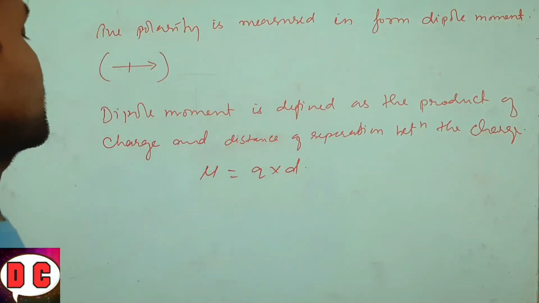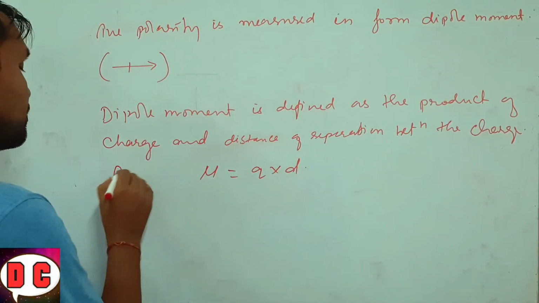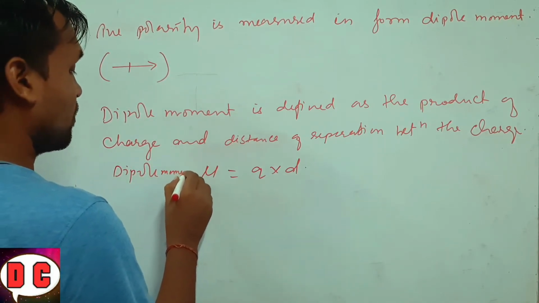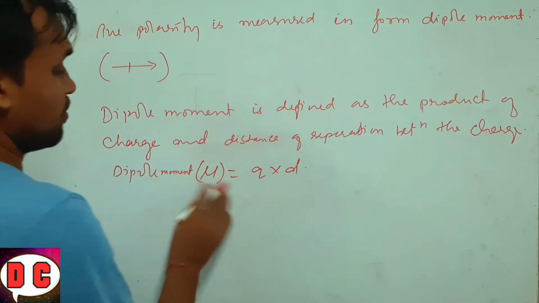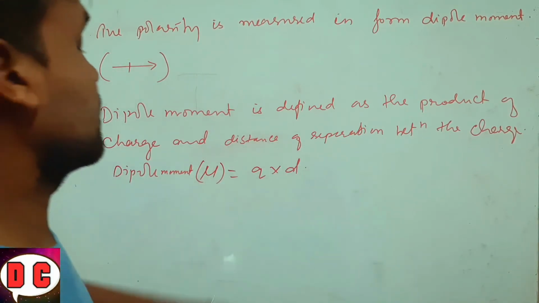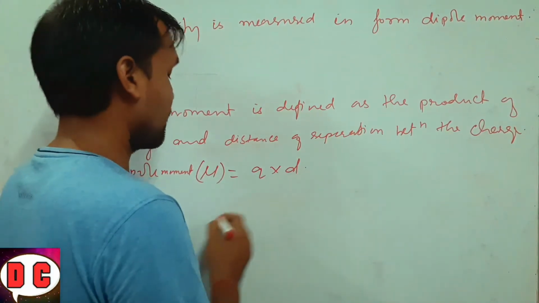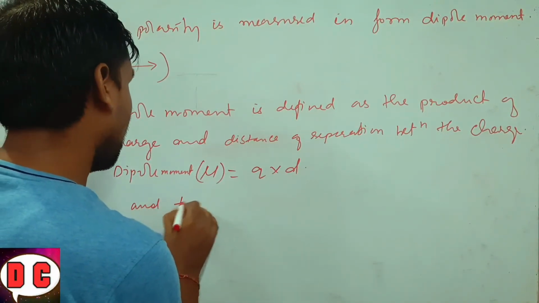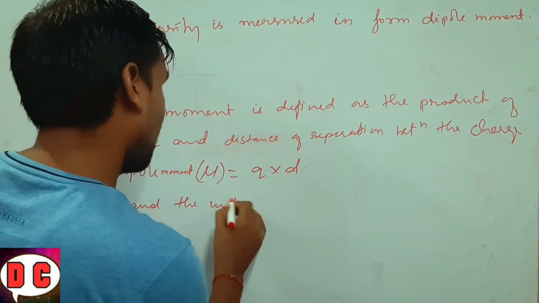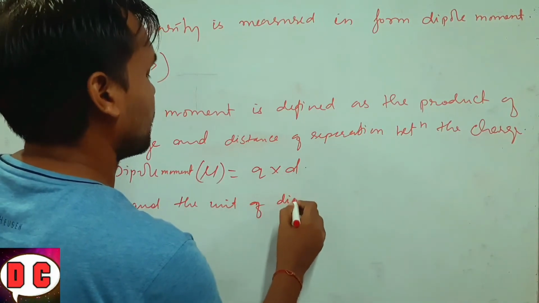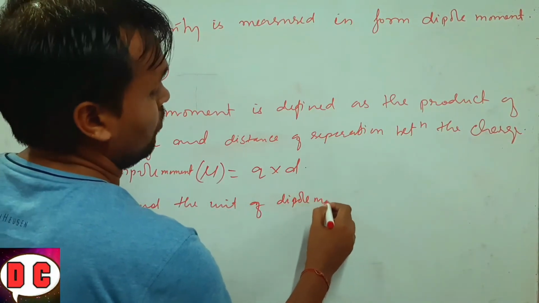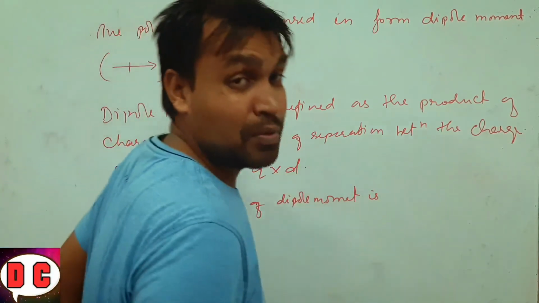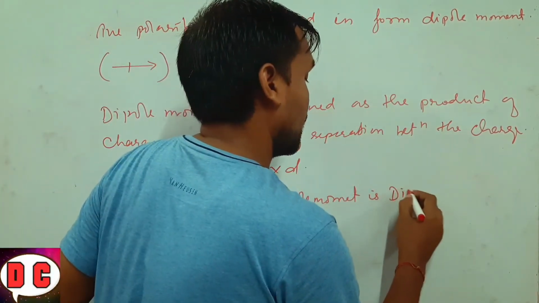So dipole moment is represented by the symbol mu, and mu equals Q into D. And the unit of dipole moment will be what? Debye.